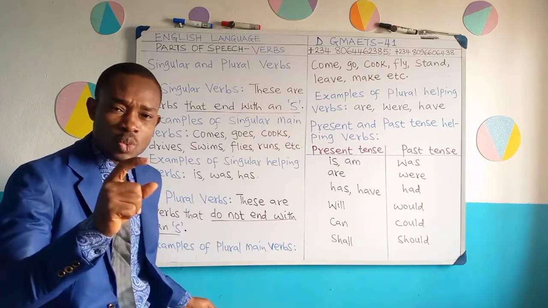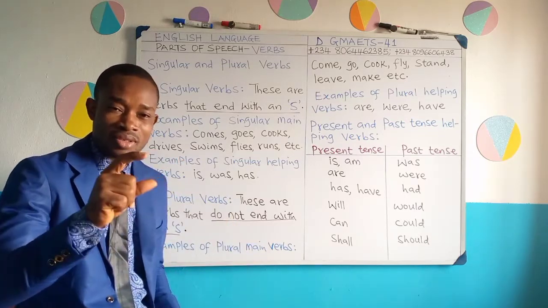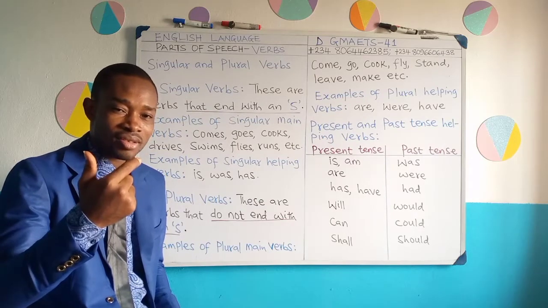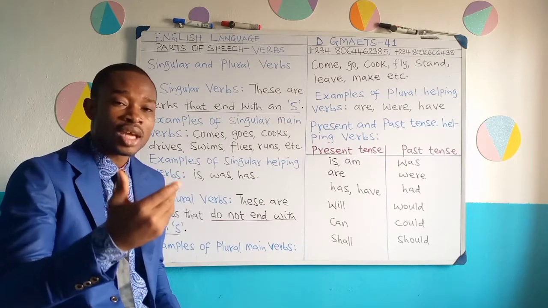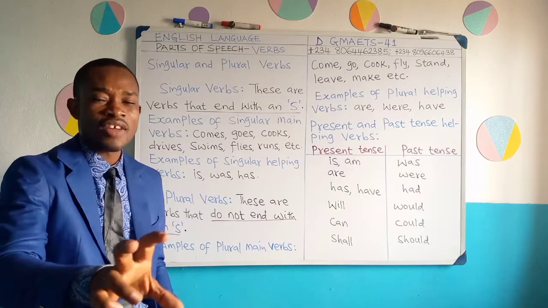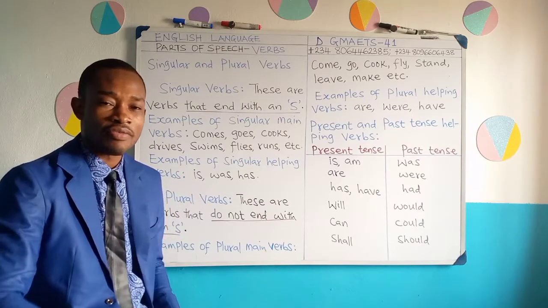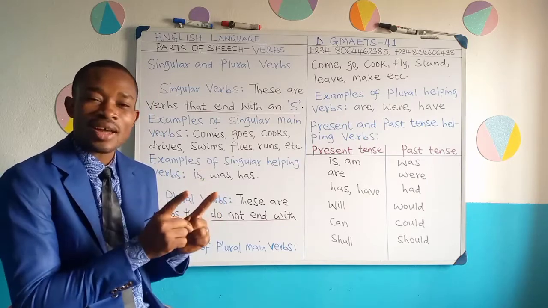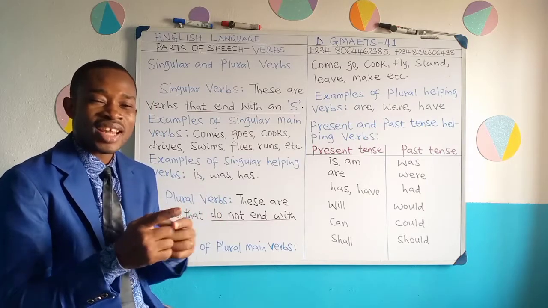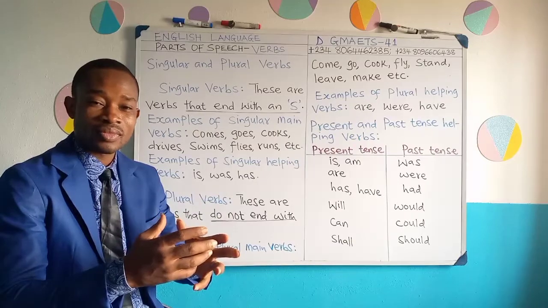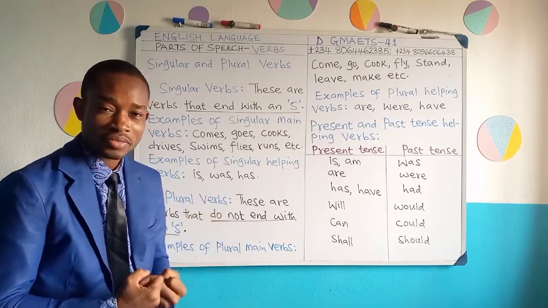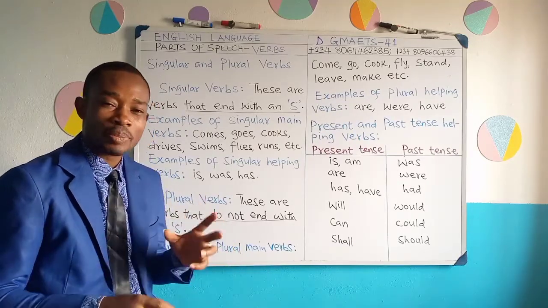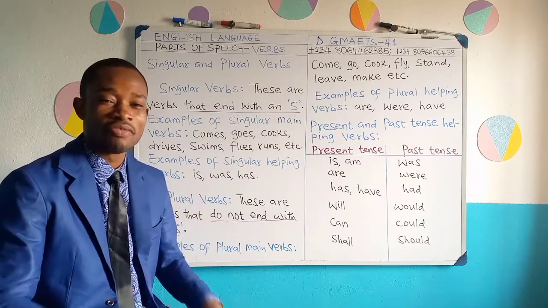Now, in each of these words I pronounced, you would notice that they all end with an S. Therefore, they are singular verbs. The examples I mentioned are singular lexical verbs. That is singular main verbs, those that show action.